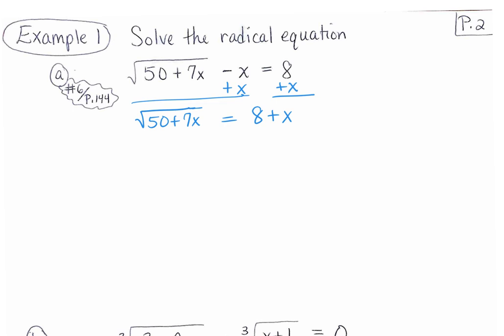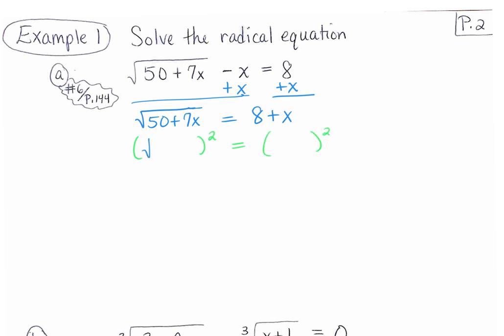Next step: what undoes the square root? The square, right? If you square both sides, that's going to undo the square root. The idea is to undo whatever radical we have. So we're going to raise both sides to the power 2.